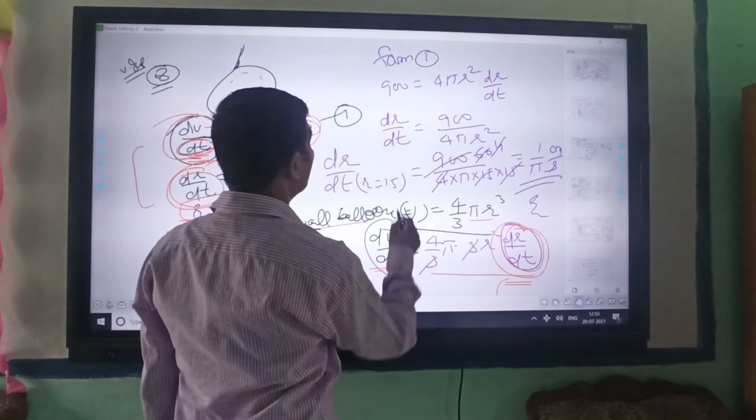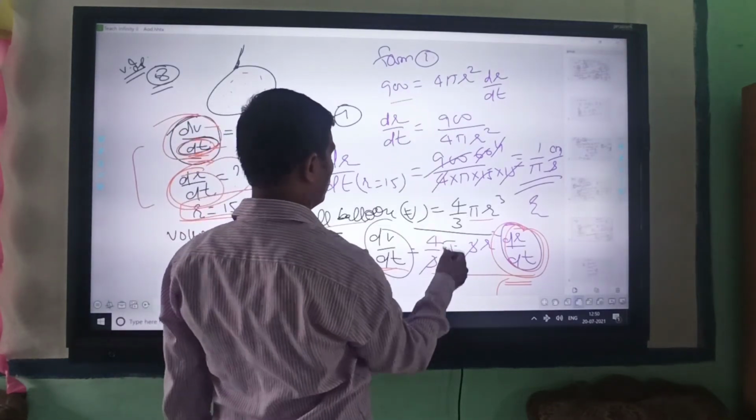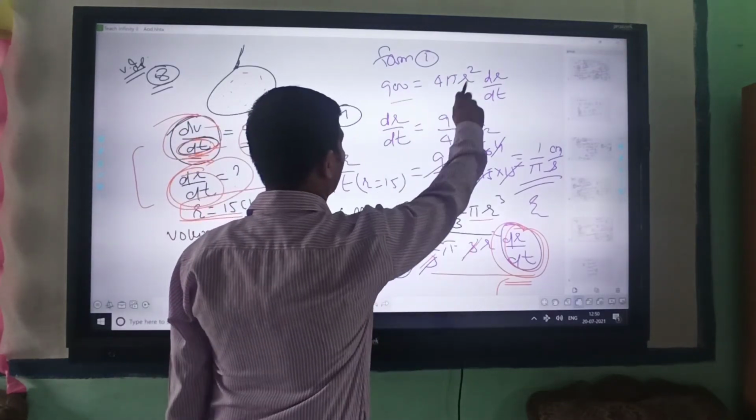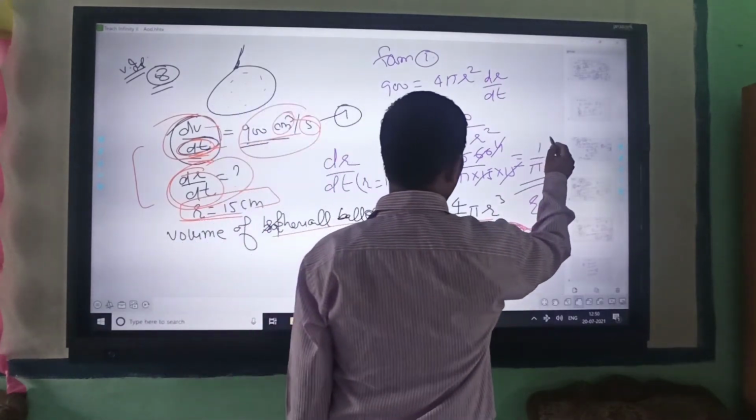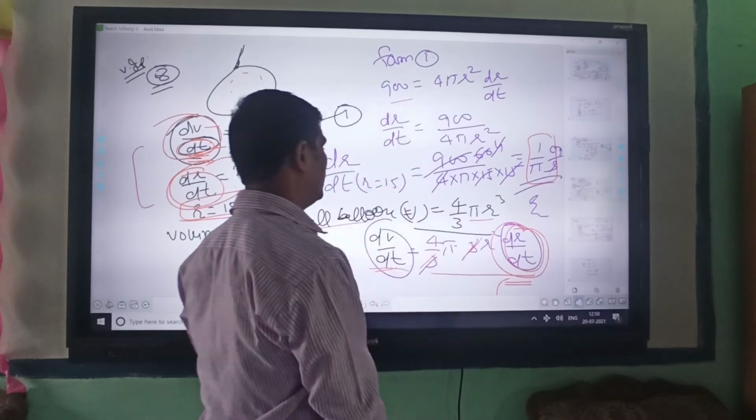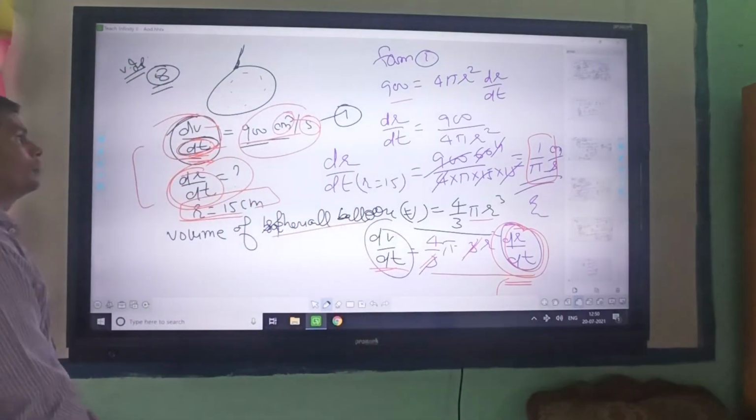So we substitute: 900 equals 4 pi r square times dr by dt, and after solving, dr by dt gives us 1 upon pi centimeter per second. So this is another important question.